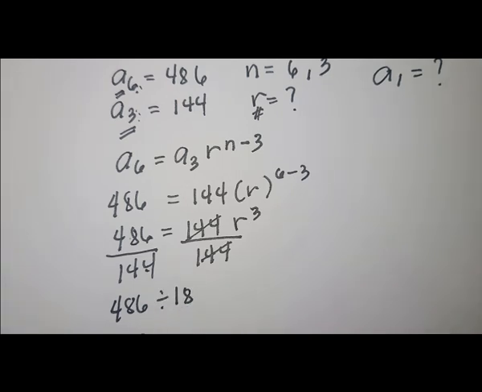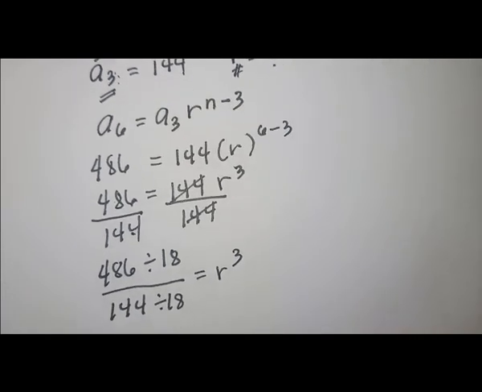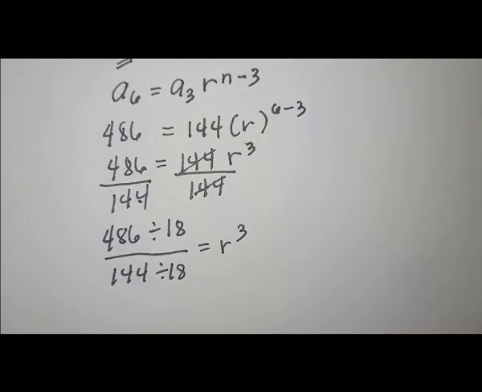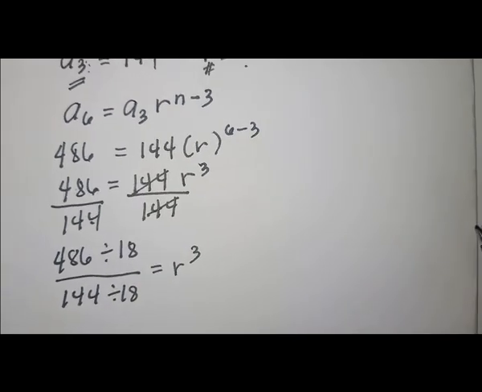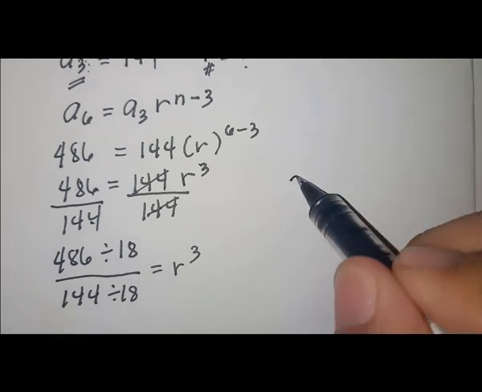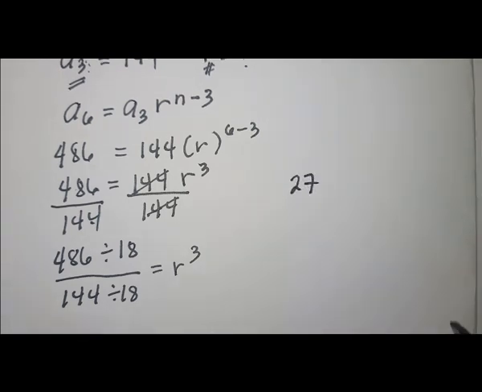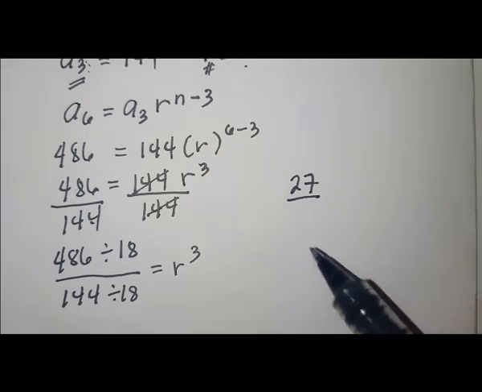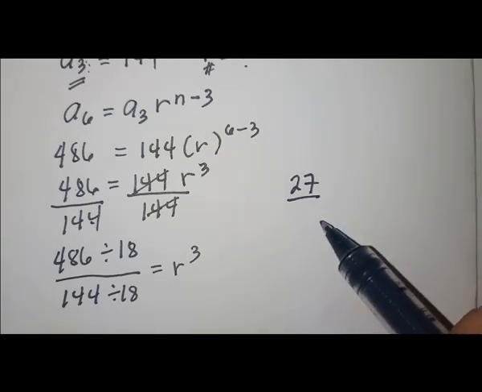Kung ano yung ginawa natin kay 486, gagawin din natin kay 144, equals R cube. Okay? So ngayon, 486 divided by 18, magkakaroon tayo ngayon ng 27. 144 divided by 18, magkakaroon tayo ngayon ng 8.